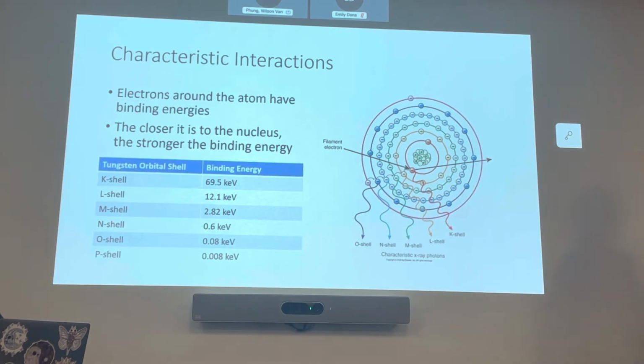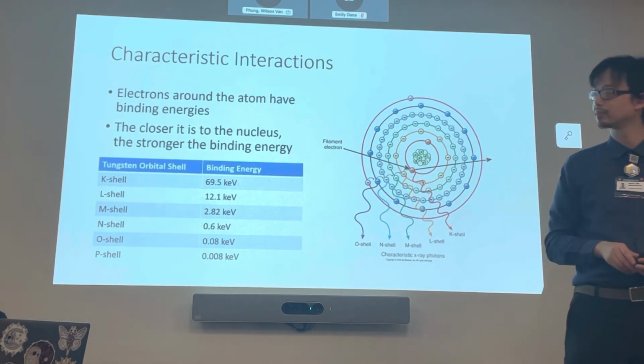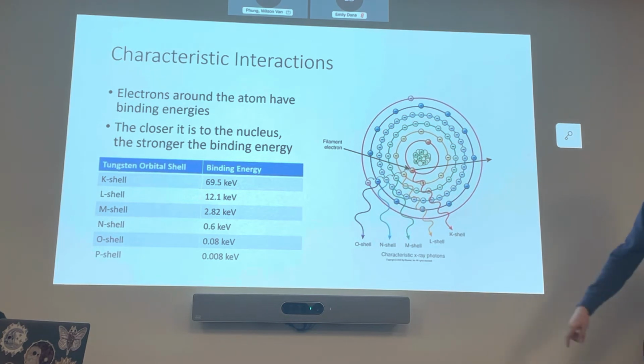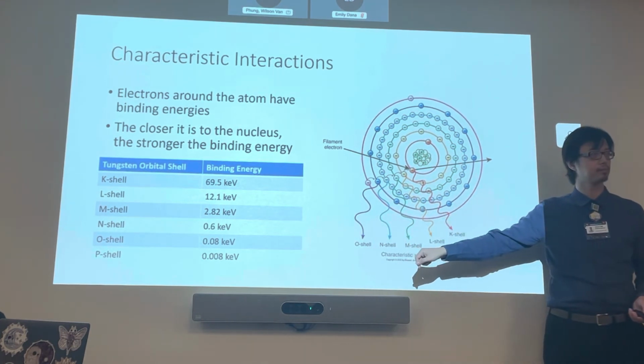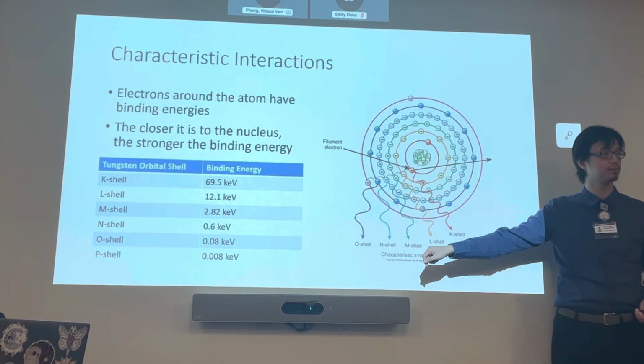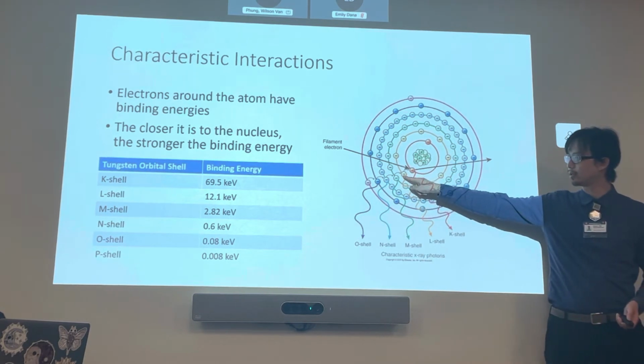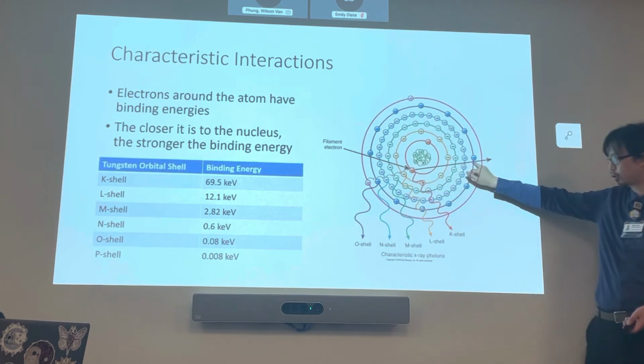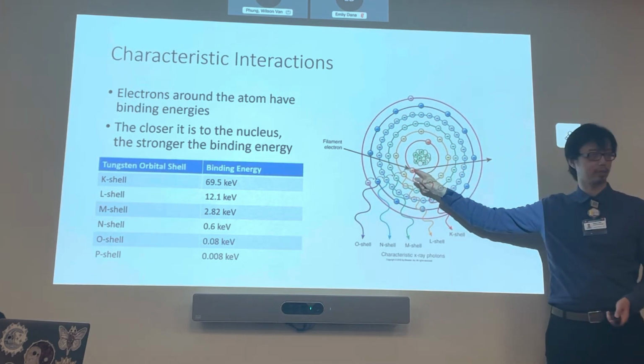Yes, Sindhu. So from the outer shell, you have to reach all the way to the inner shell. So each time there's an energy difference? Right, so let's say we've got our L shell here. Let's say that this electron leaves. So now there's an opening.